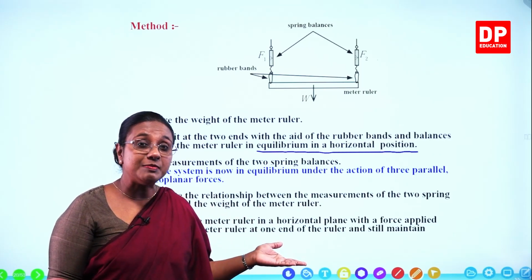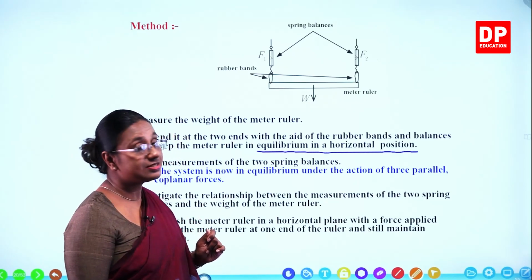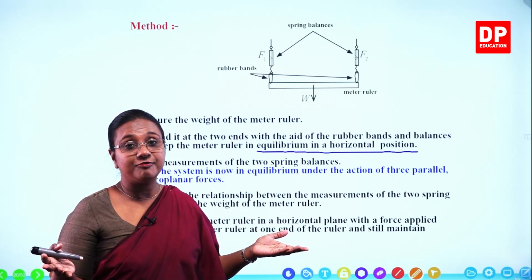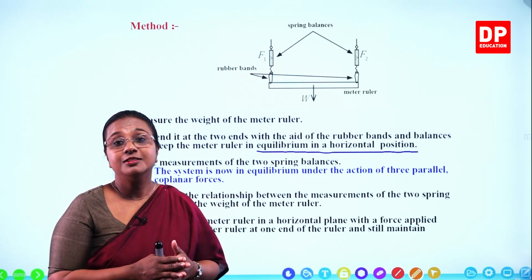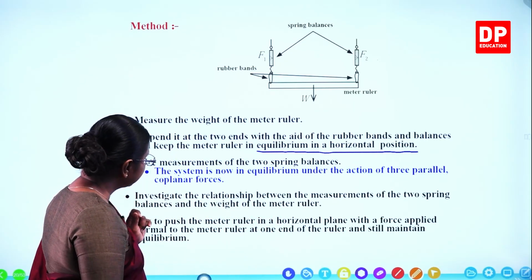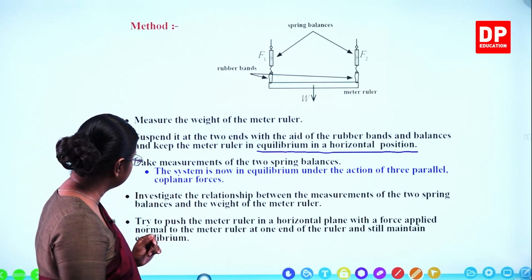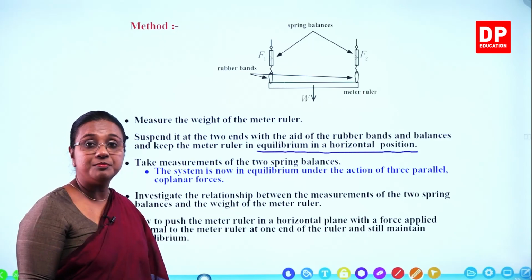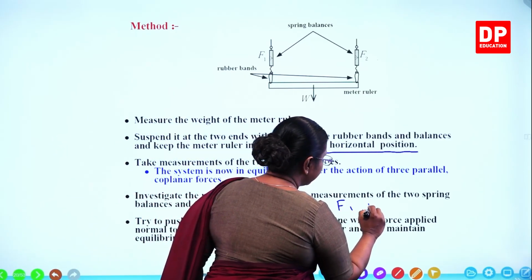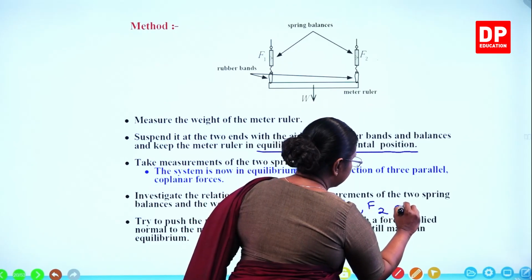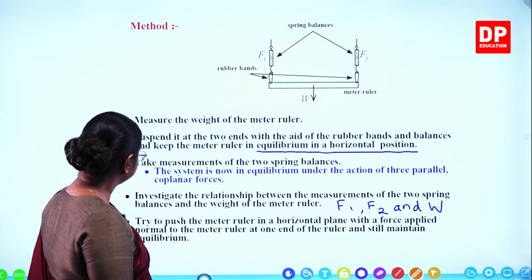So we have already measured the weight of the meter ruler. We can read the Newton balance readings, so we can get F1 and F2, and then we can find the relationship between the three forces. Investigate the relationship between the measurements of the two spring balances and the weight of the meter ruler. So the relationship between F1, F2 and W, that is what we have to identify.